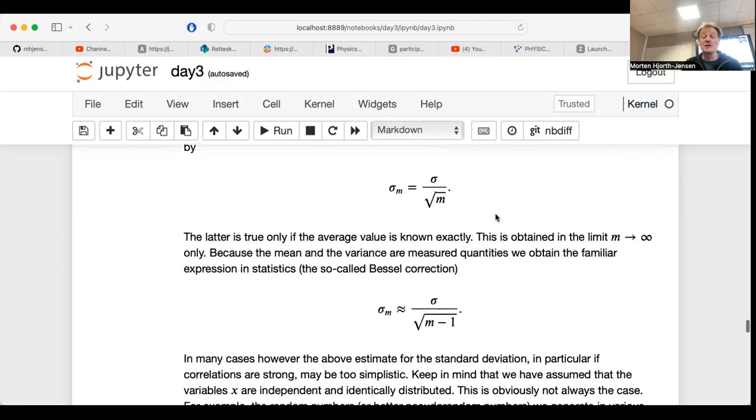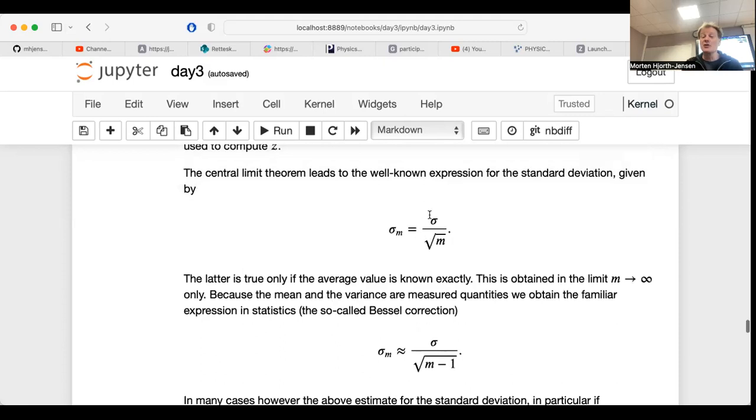If you look at this, in the original distribution you could have a standard deviation which was given by sigma. And then when you run this experiment many, many times, so suppose you toss a coin every day, and you know that you roughly should get 50% heads and tails, and you do that again and again, then when you've done this tens of thousands of times, you can really narrow down what you expect.